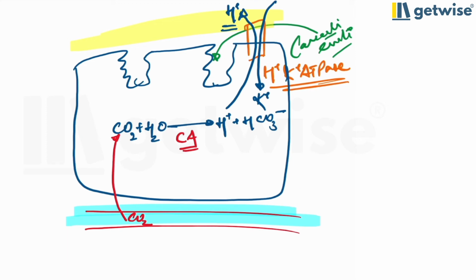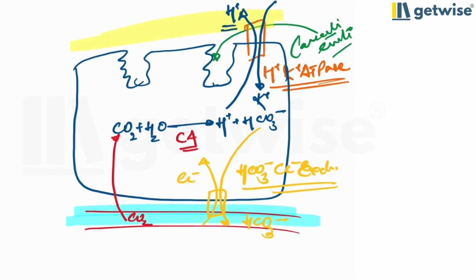to generate more H plus ion. There is one more pump on the basolateral side, called the bicarbonate chloride exchanger. This pump exchanges a bicarbonate ion towards the blood vessel, and in exchange it brings a chloride ion inside the parietal cell.